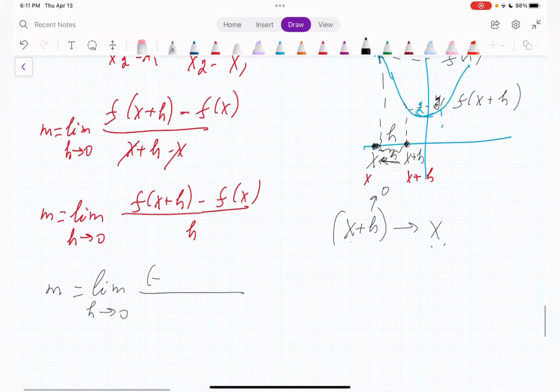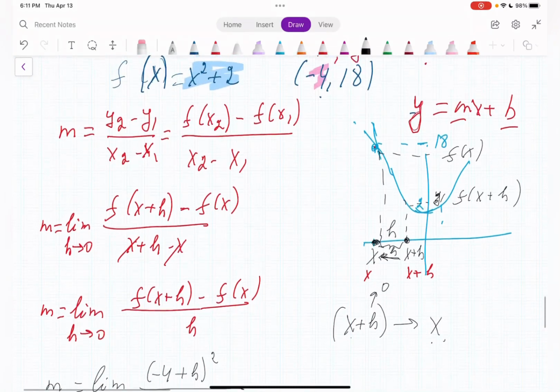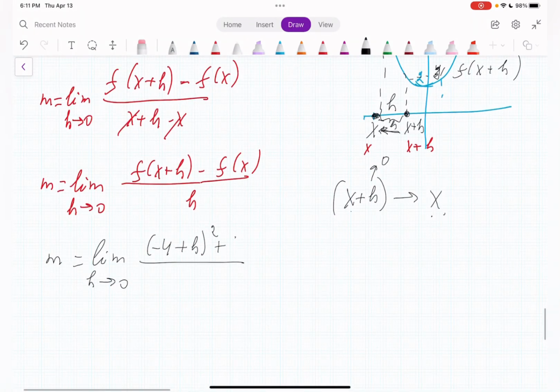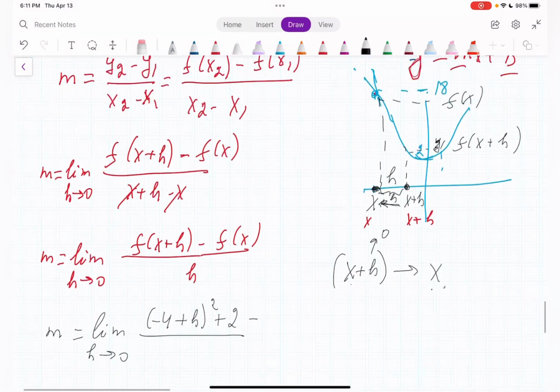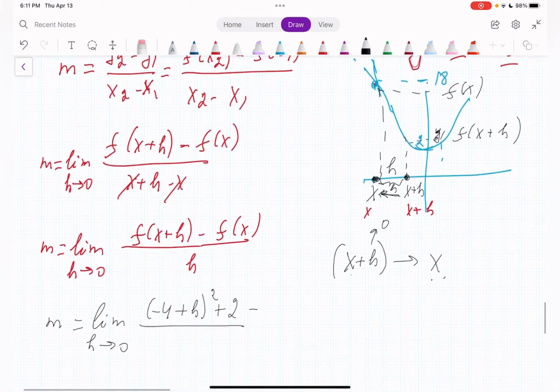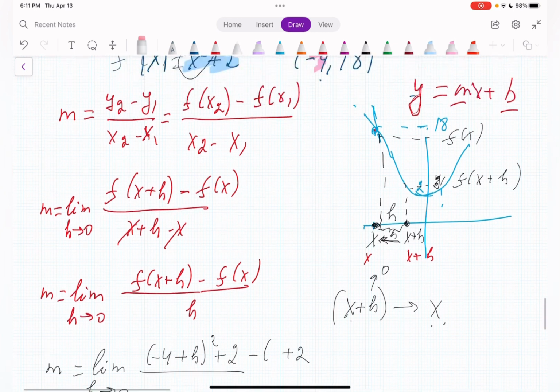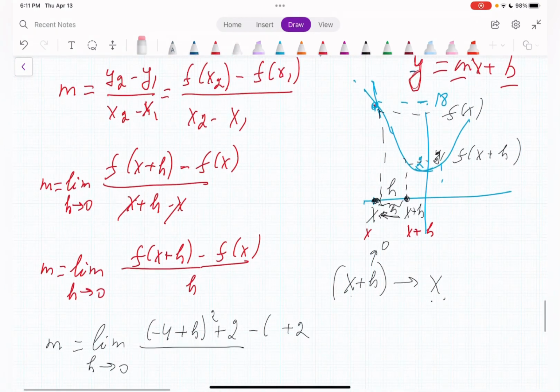So it's going to be (-4 plus h) squared plus 2, and minus f of x, which is x squared plus 2, and instead of x, I'm going to plug in negative 4, right?